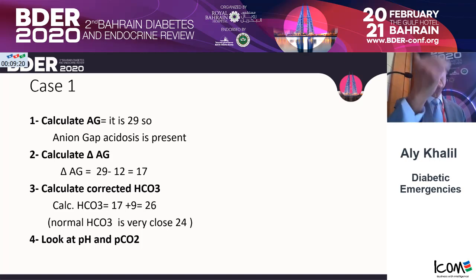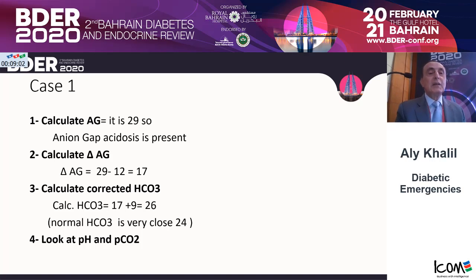Another element for those who are a little bit advanced: if you want to see if the primary event is primary or secondary, you look at the pH and the PCO2. If they go in the same direction, up or down, this is metabolic.